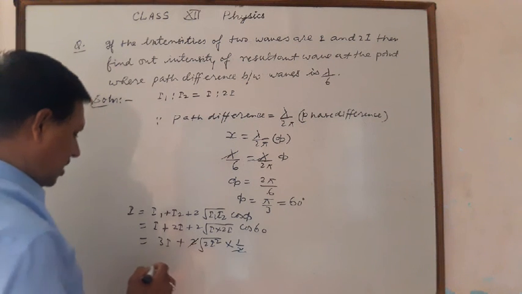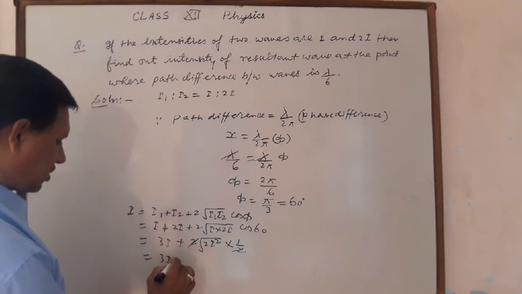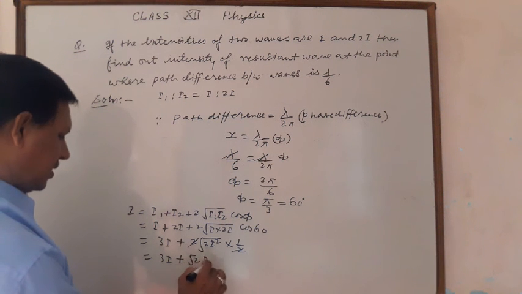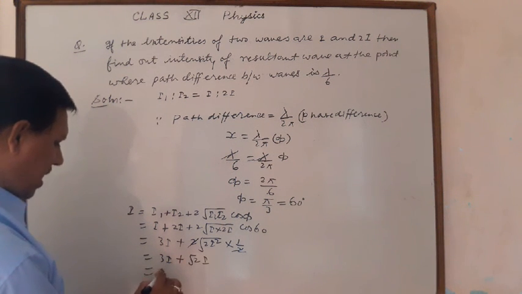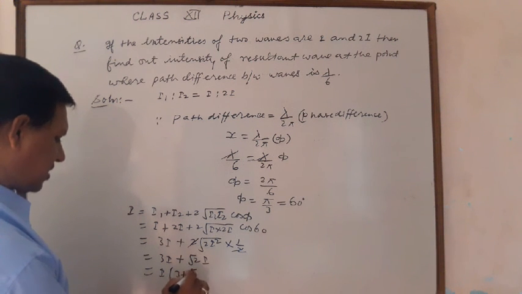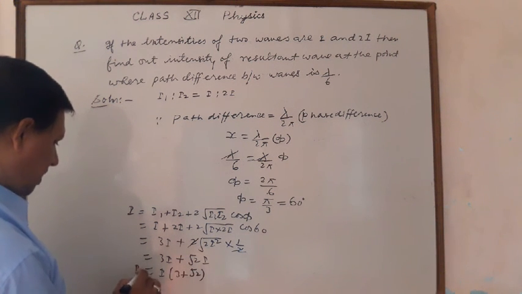So 2 cancels. This is equal to 3I plus under root 2 I. Taking I common, we find that 3 plus under root 2.